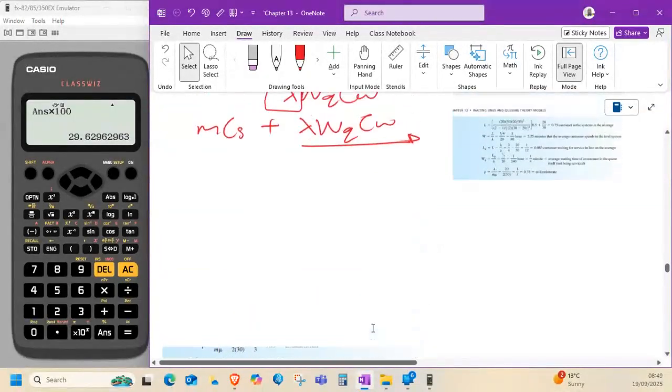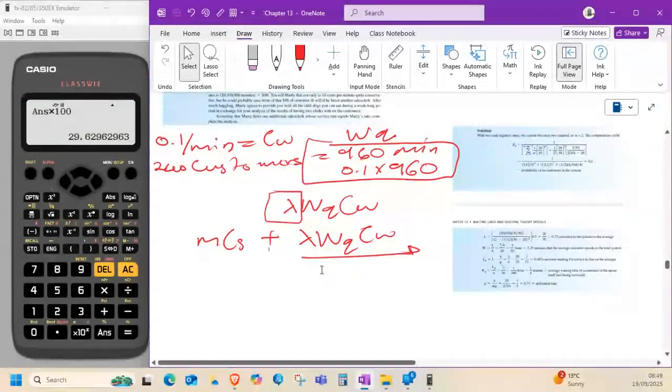Because here you'll have to redo all the calculations, looking at the two systems.